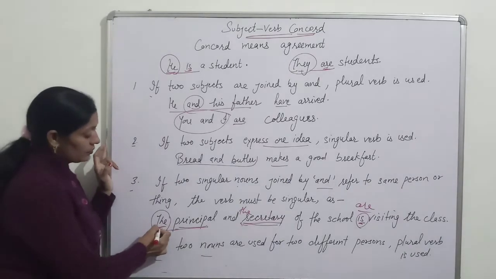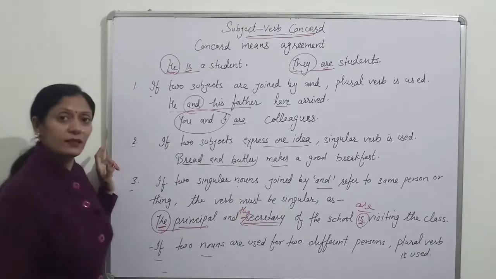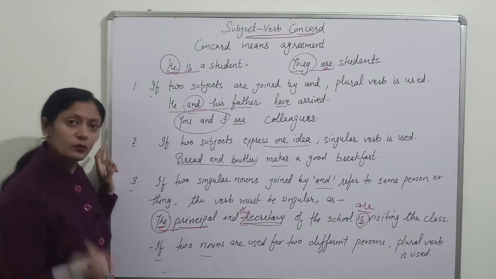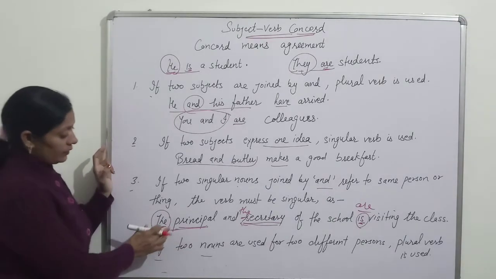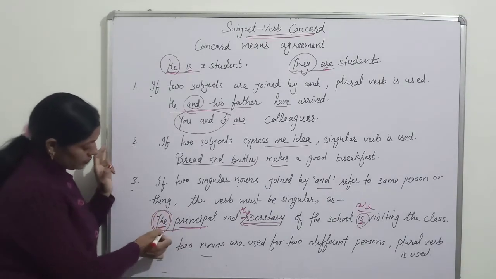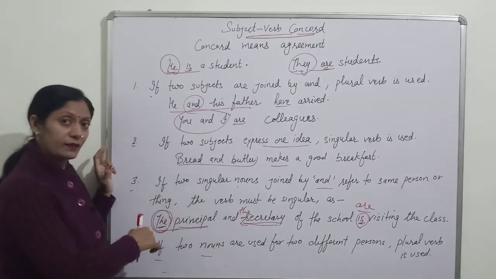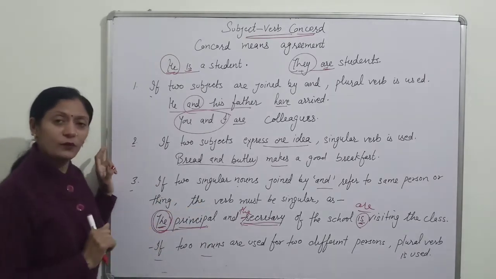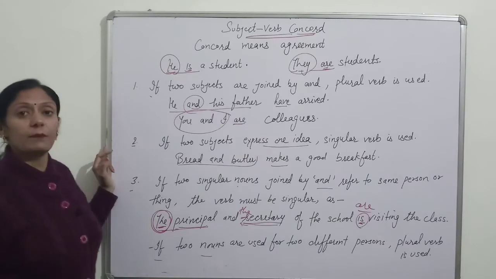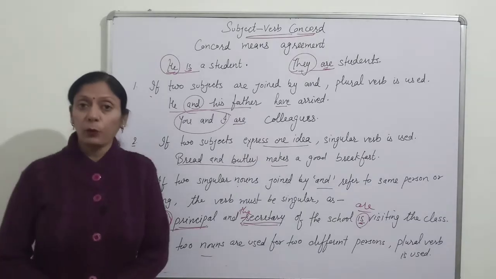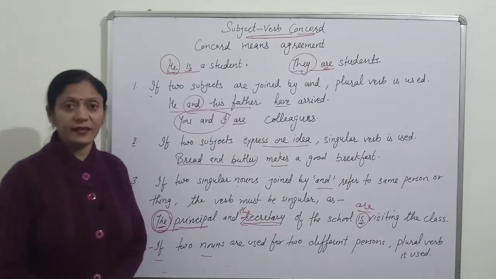If the article is used with both of the subjects, it means we are talking about two persons. And if the article is used only before the first subject, it means we are talking about a single person. Any other example you can take? The poet and writer has come.